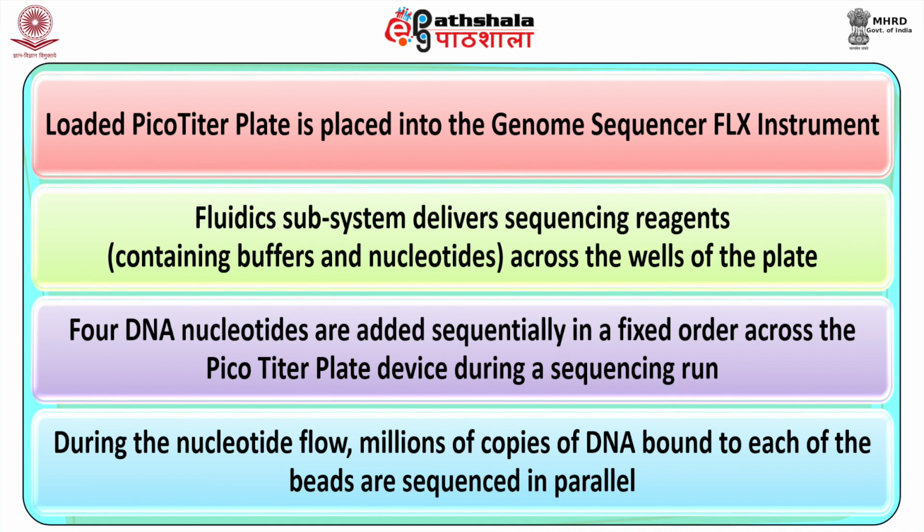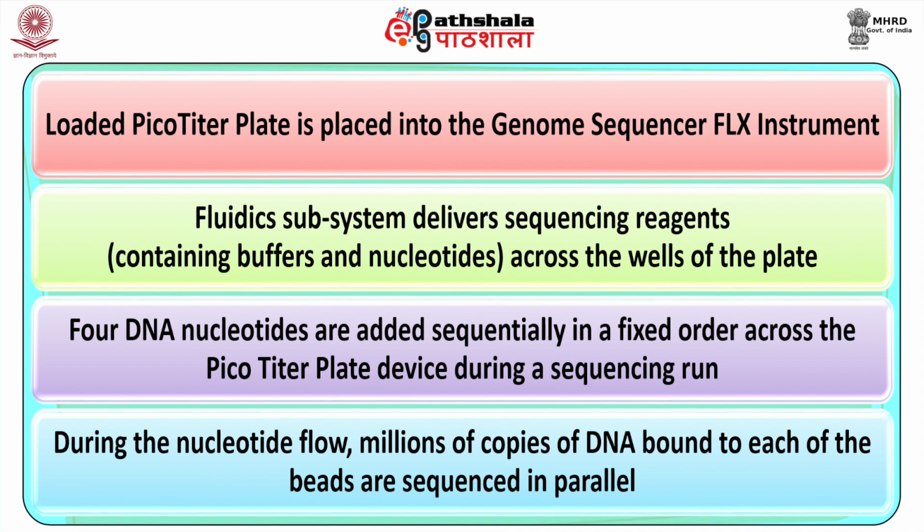The fluidics subsystem delivers sequencing reagents containing buffer and nucleotides across the wells of the plate. The 4 DNA nucleotides are added sequentially in a fixed order across the picotiter plate device during the sequencing run.